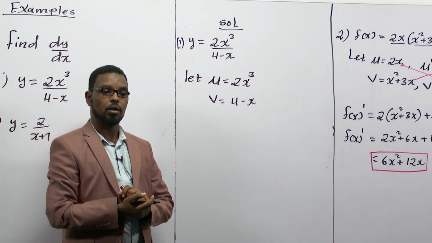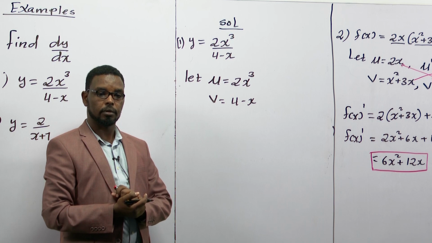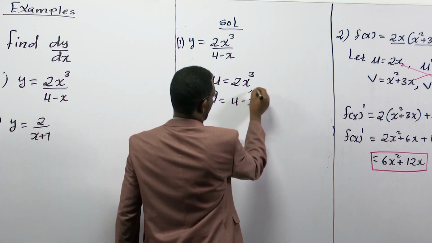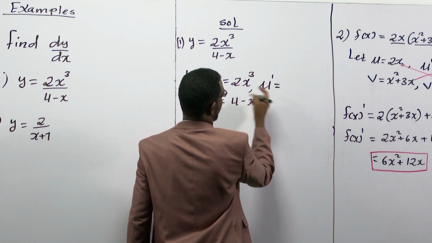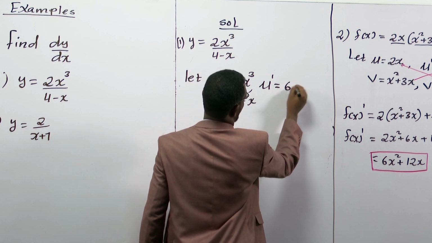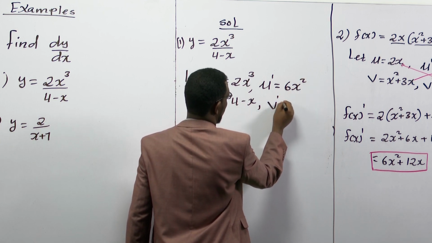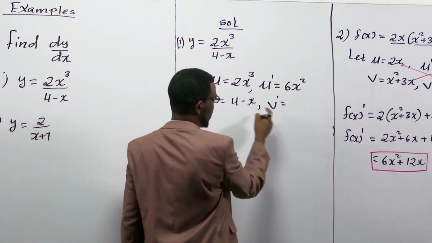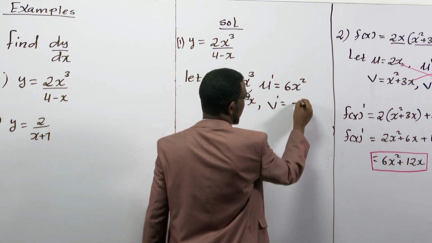You don't have all those details in your notebook, so follow with me, please. Then u prime is equal to 3 times 2, 6x squared. And phi prime is equal to the derivative of 4, which is a constant, 0, minus x, which is minus 1.